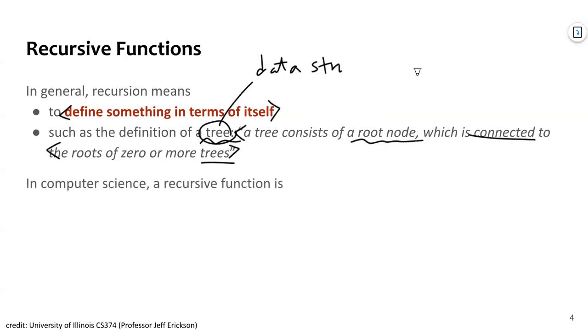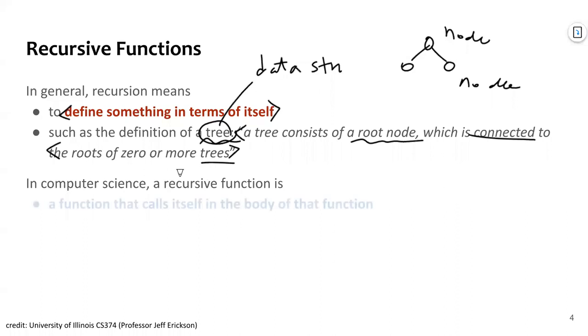So basically a tree looks like this. So a node is connected to other nodes like this. In computer science, a recursive function is a function that calls itself in the body of that function.